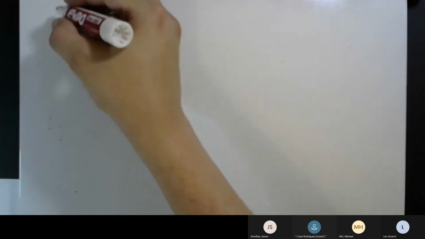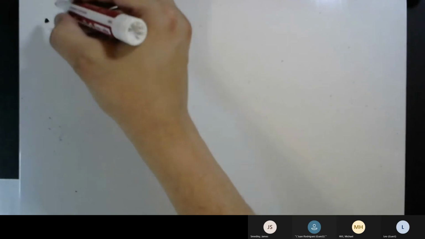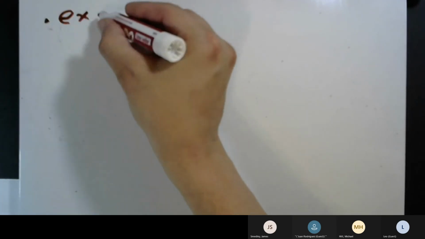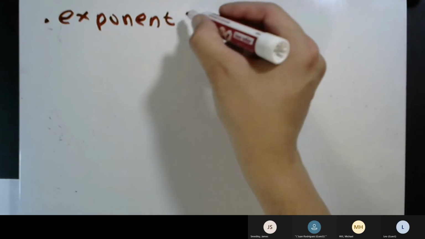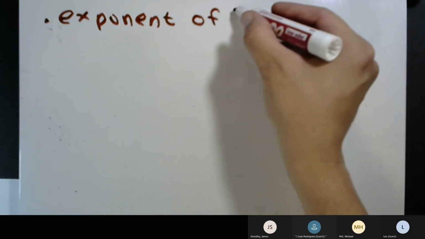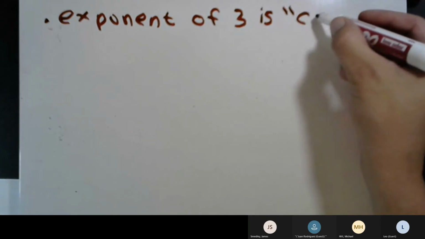So let's say we have the next one, an exponent of 3 is cubed.